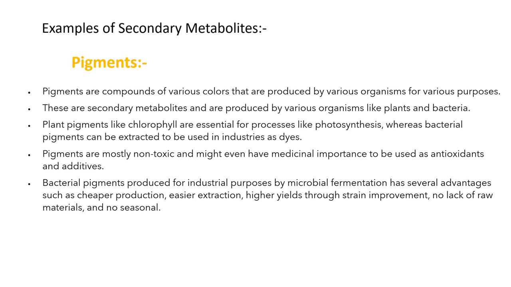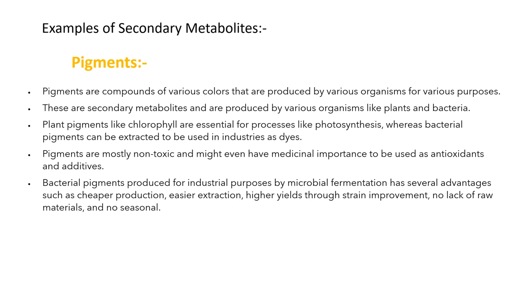Then, bacterial pigments produced for industrial purposes by microbial fermentation have several advantages, such as cheaper production, meaning their cost will be lower, easier extraction, and higher yields through strain improvement, and there will be no lack of raw material.